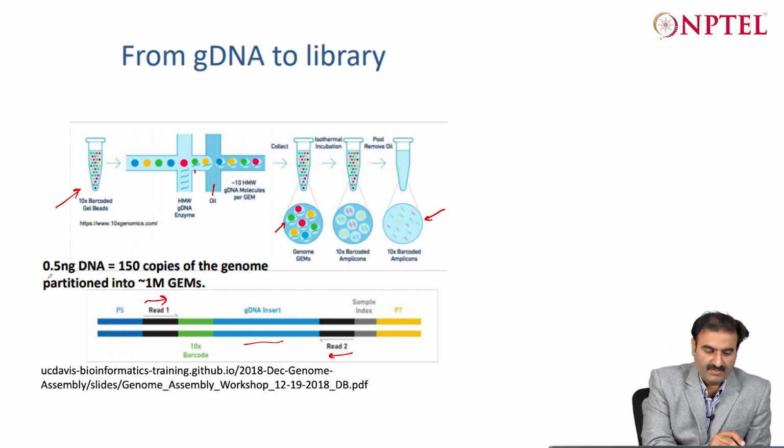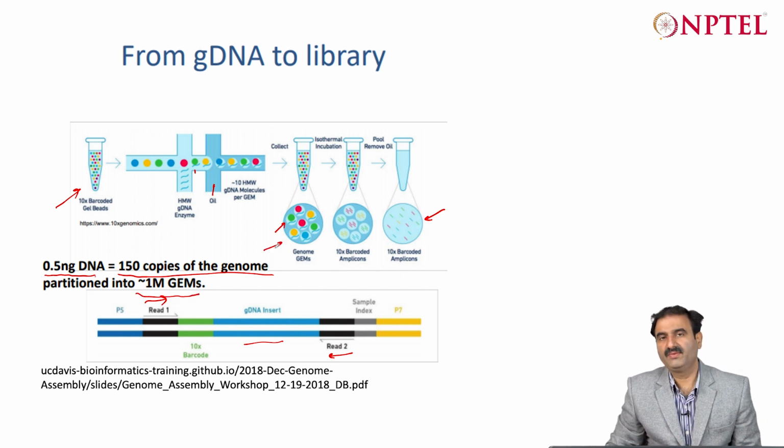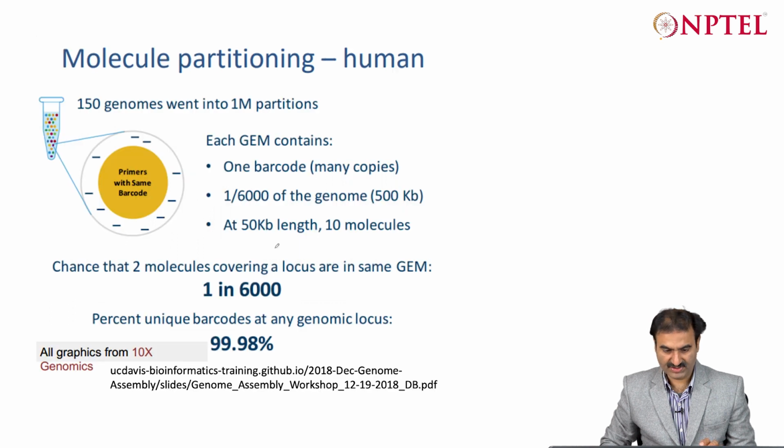So you can see that about 0.5 to 1 nanogram of DNA, which is equal to about 150 copies of the genome, is partitioned into 1 million of these GEMs.